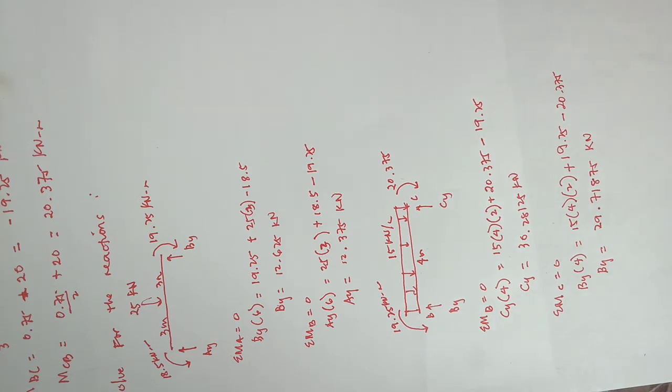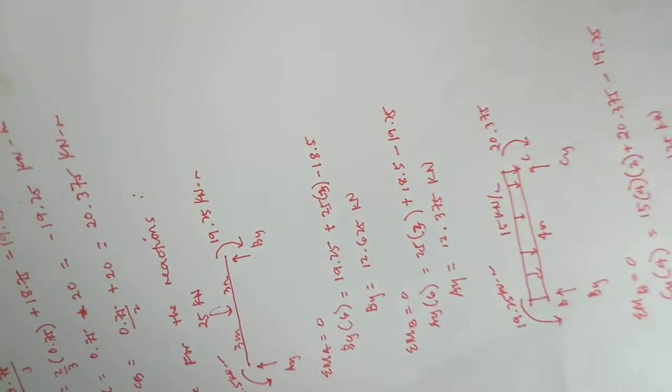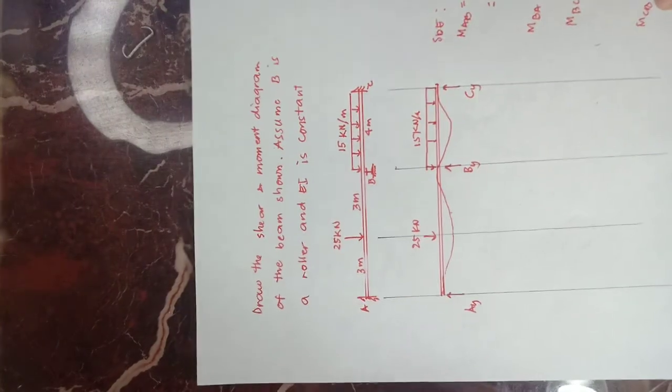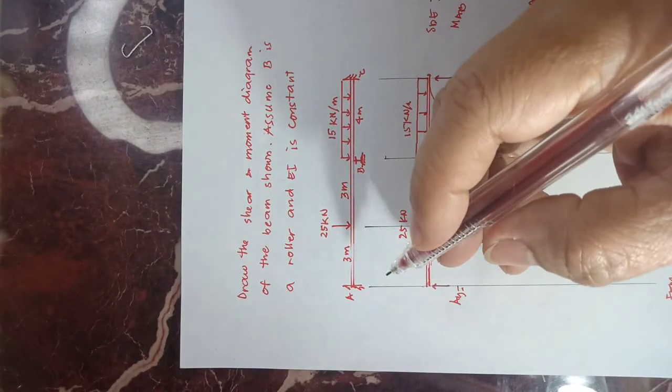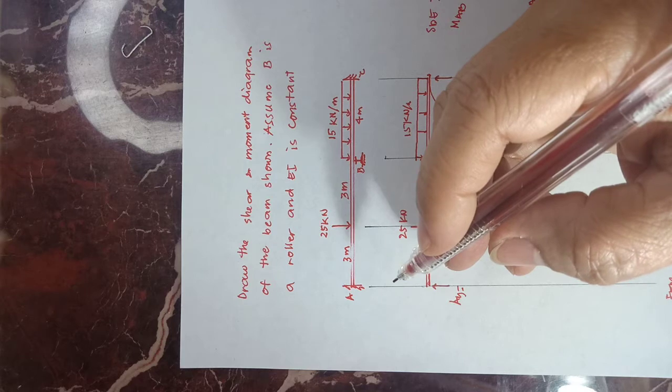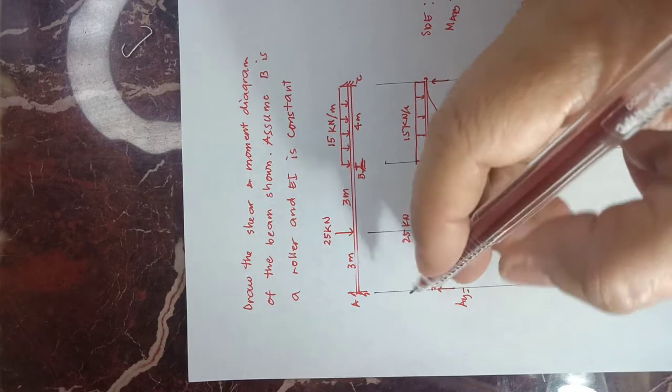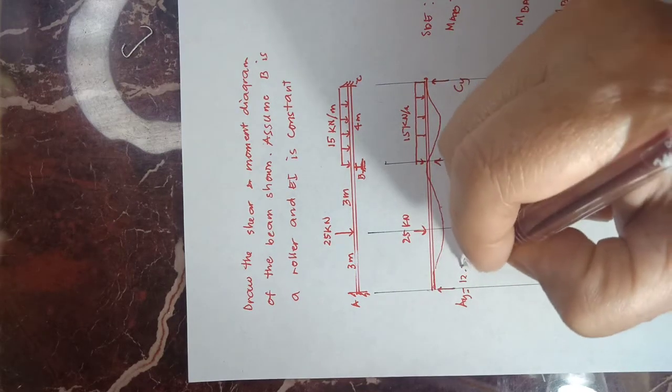Okay, so we have now the reactions. Now, on our continuous beam, ang atong AY as computed on member AB is 12.375.